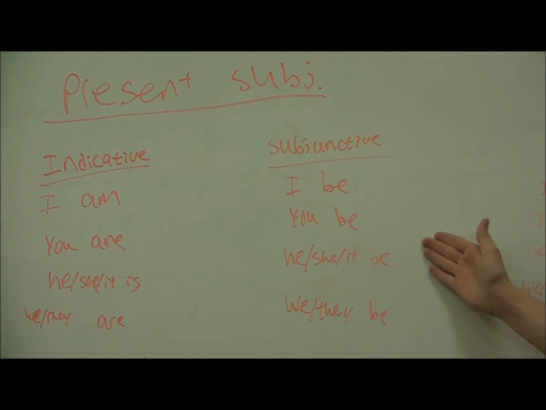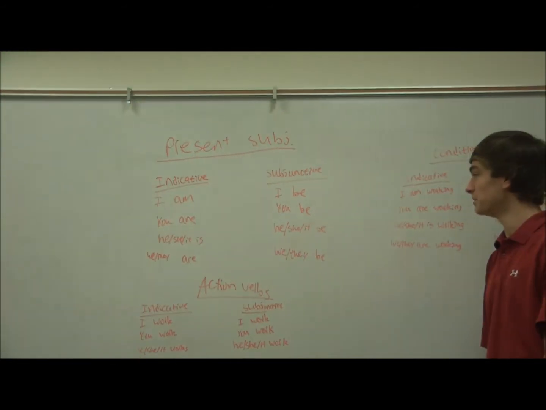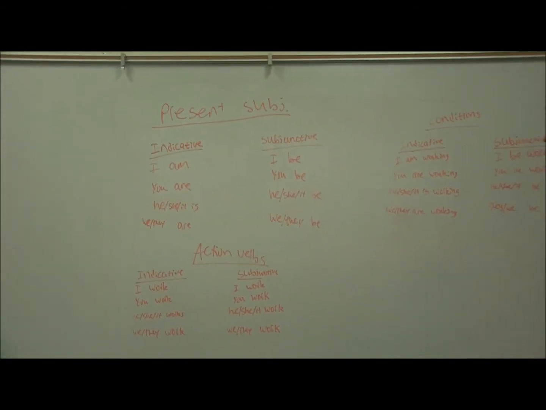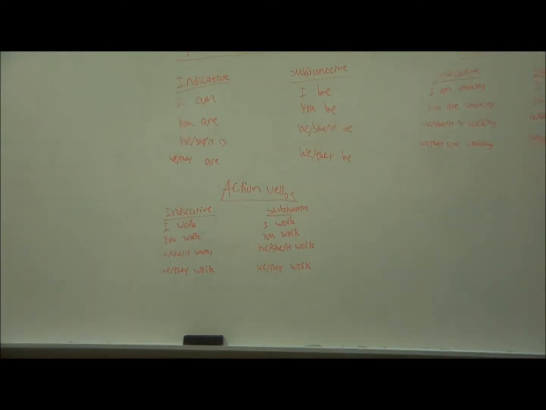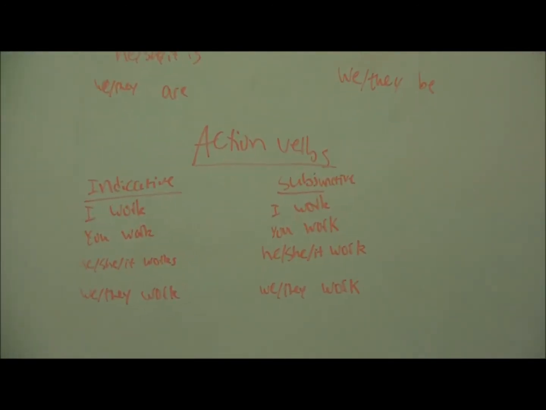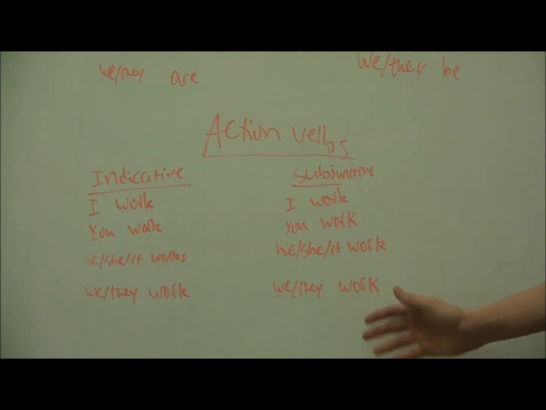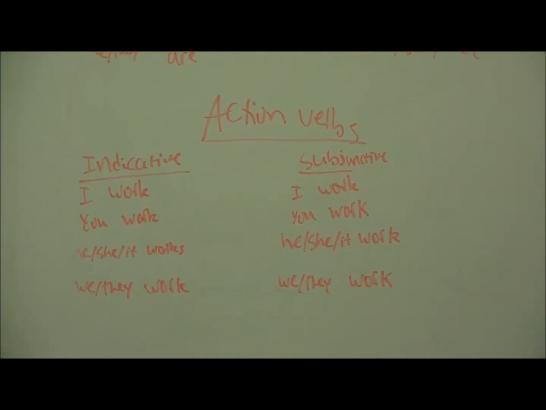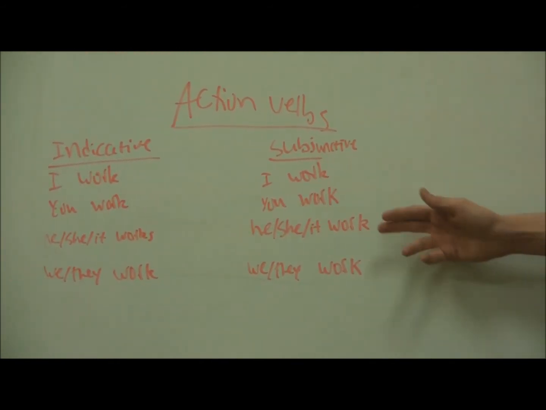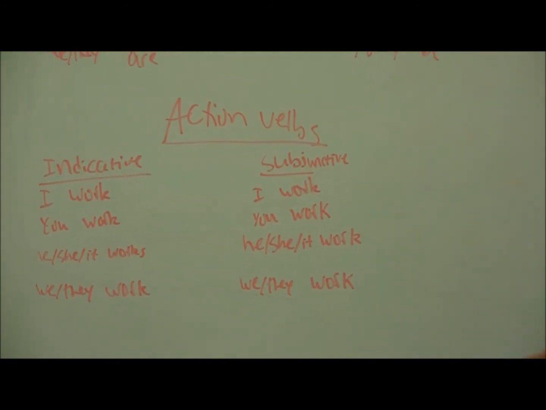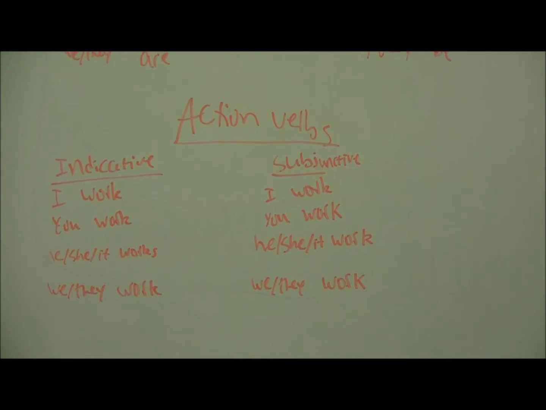And then you can see the change in the subjunctive: I be, you be, he, she, or it be, and we or they be. An action verb, indicative and subjunctive, is the verb to work. So I work, you work, he, she, or it works, and we or they work. In the subjunctive, not much change, just in this form here: I work, you work, he, she, or it work, and we or they work.